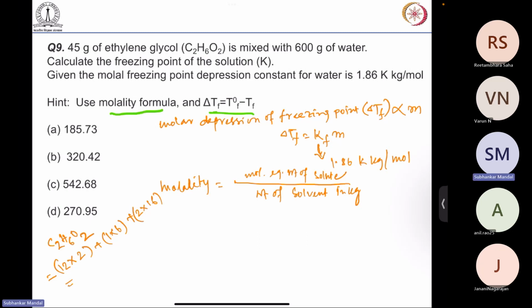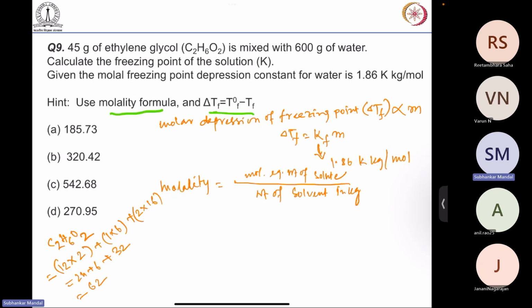So how much is it coming? 24 plus 6 plus 32, so 62.